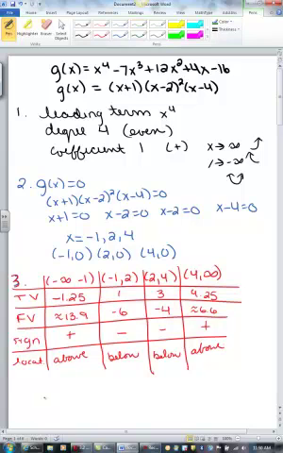Now, it's nice to draw it on a number line just so you can start to see, and you're going to use this quite a bit in calculus, so you should get pretty comfortable as to how this would be written. So that's why we're doing it. Okay, so we have some values that we were using.